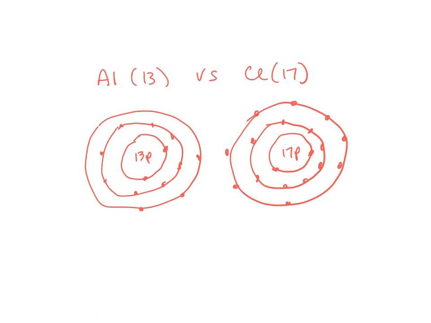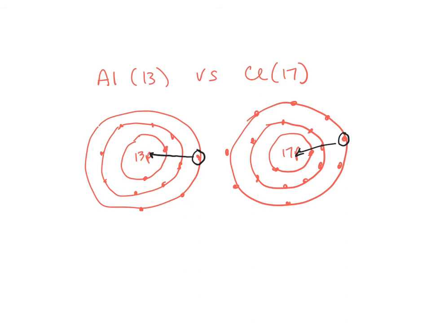All right, now they're supposed to be about the same size the way I drew them. There is this effect of going from left to right across the period. You'll see this contraction that takes place. So you consider the electrons that are in the outer orbit. This electron is attracted to 13 protons. This electron in the outer orbit, the same orbit, is attracted to 17 protons.